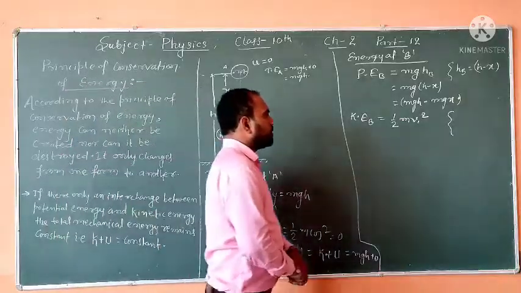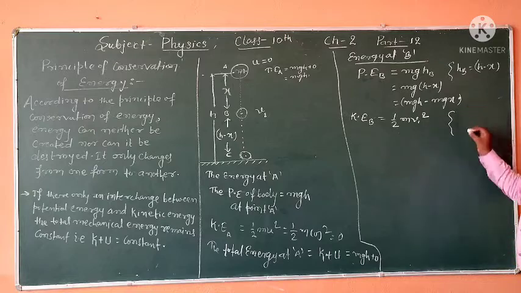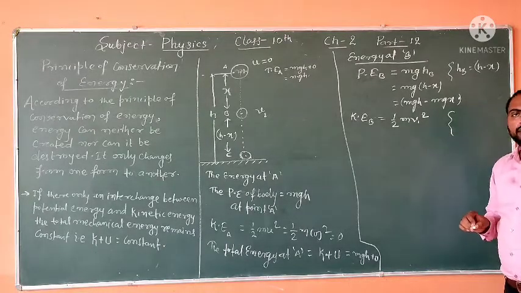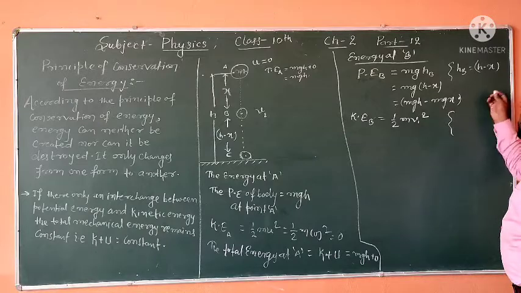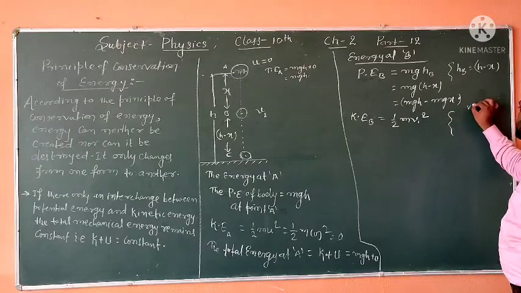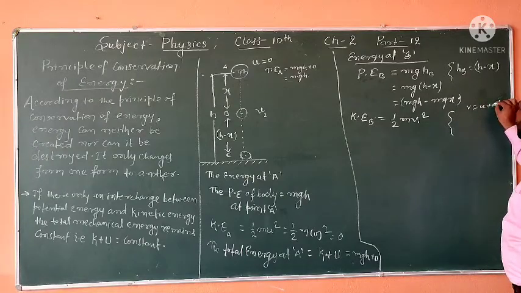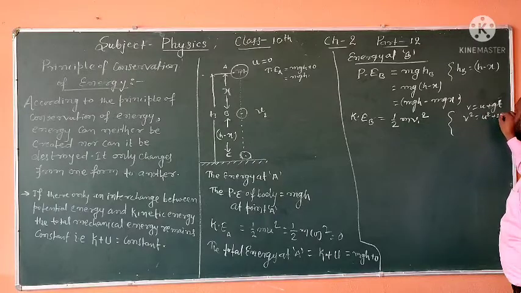It is easy, dear. You all know about Newton's equations of motion, the three equations of motion: v is equal to u plus at, v square is equal to u square plus 2gh, and so on. Here I am writing the three equations: v is equal to u plus gt, v square is equal to u square plus 2gh.